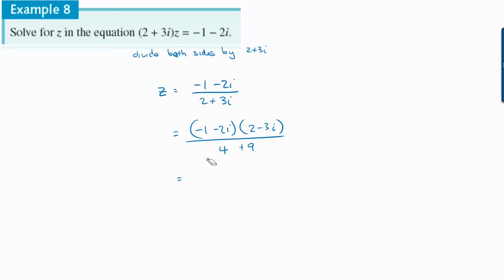Actually, I'll just do it more obviously so that people don't get confused. -1 times the 2 will give me that real value that I was looking for. And -1 times -3 gives me plus 3i, that's my imaginary. And this is now minus 4i, that's my imaginary. And lastly, -1 times -3 is positive 3, but remember the i squared's got to make it a negative, so it's going to be -3.